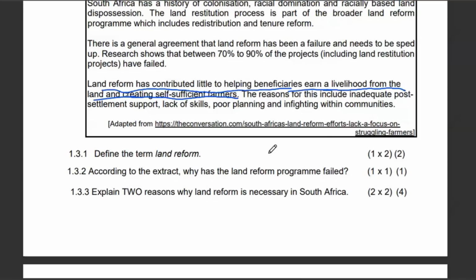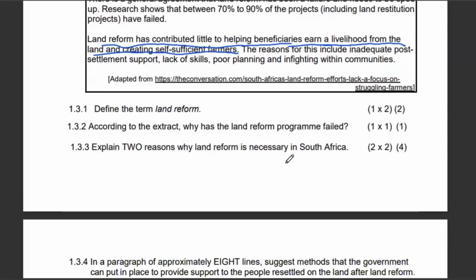Moving on to the next question. Explain 2 reasons why land reform is necessary in South Africa. Why must the government institute land reform in South Africa? Why is it a necessity that the government puts in place land reform? Right? We can talk of improving food production.